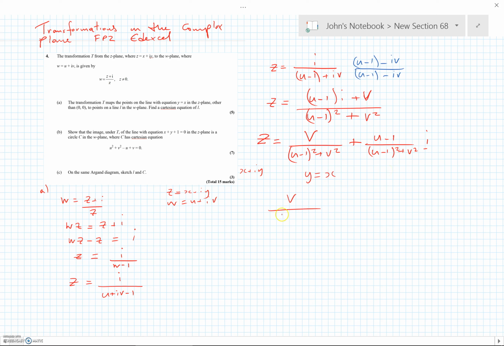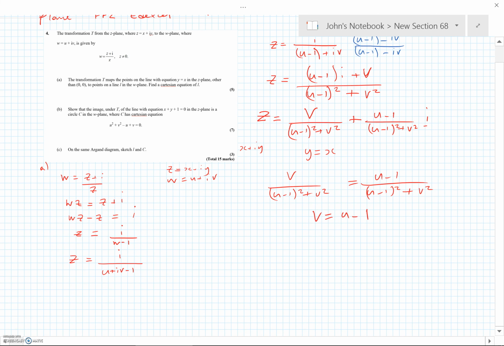So we have v over ((u minus 1) squared plus v squared) is equal to (u minus 1) over the same denominator. And lo and behold, of course, the denominator cancels. So we'll get v is equal to u minus 1.